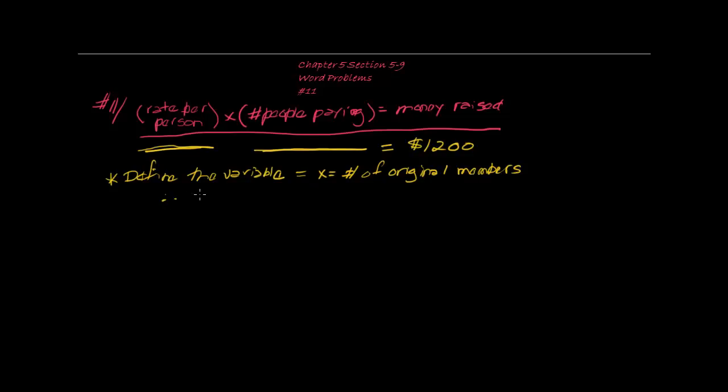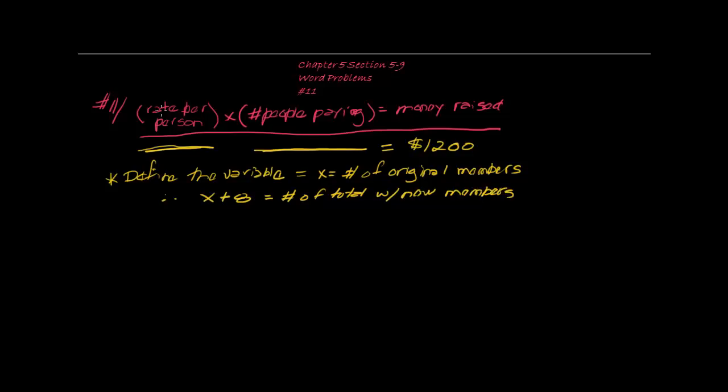Therefore, x plus 8, which is given to us, is the number of total with new members.